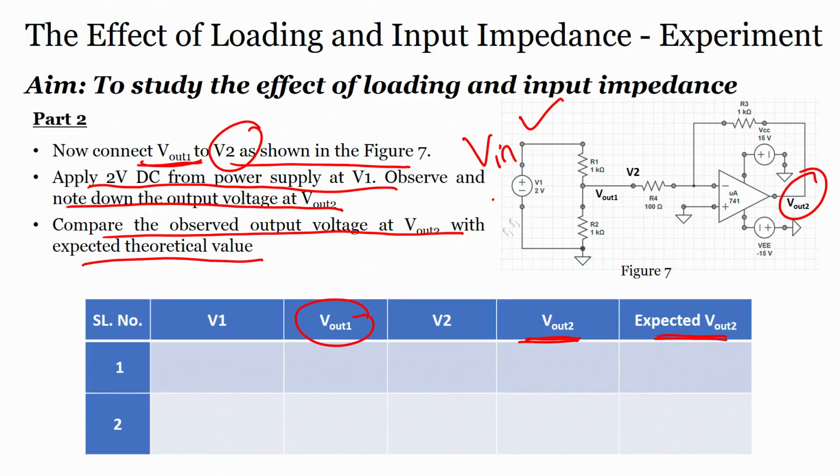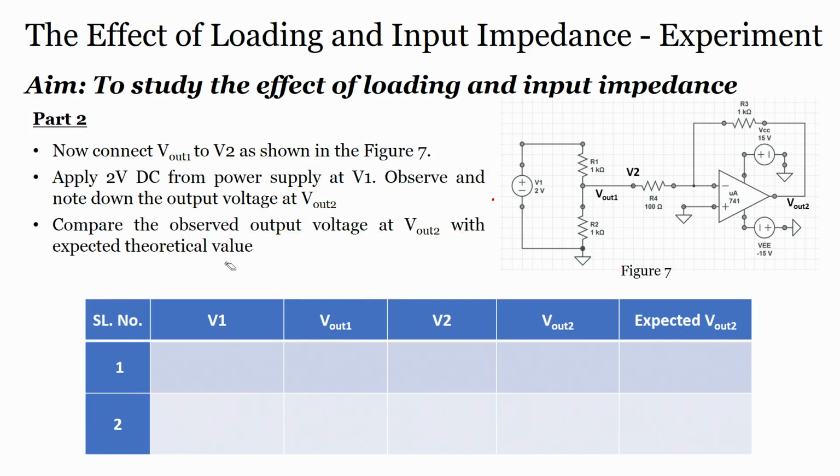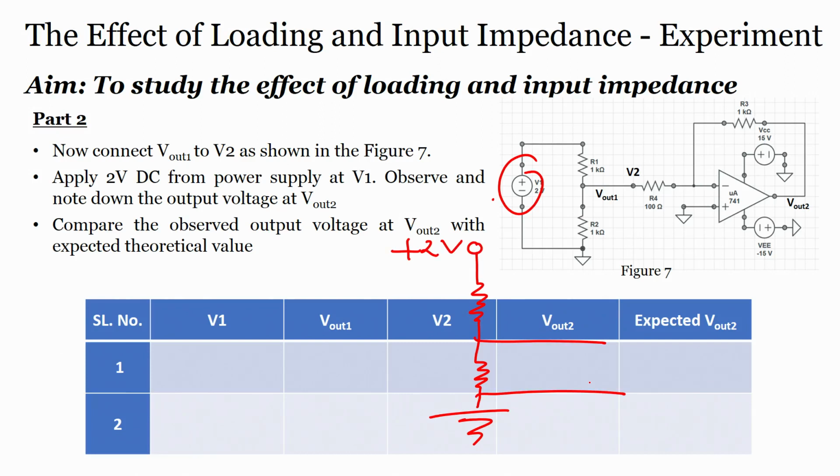You have to connect the circuit as shown on the screen. This is the circuit; do not make any mistake, it is very easy. You are applying voltage across. If I directly take two resistors, ground one end, and apply plus 2 volts, this is a potential divider when I measure the voltage across this resistor.